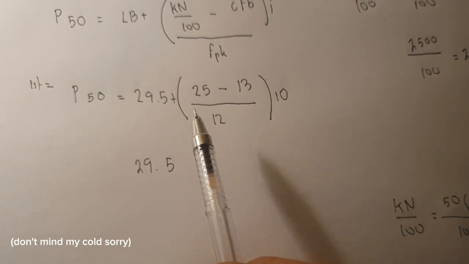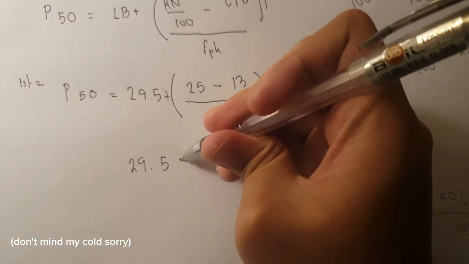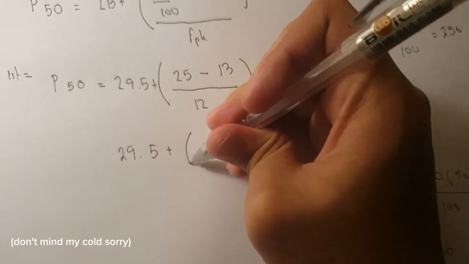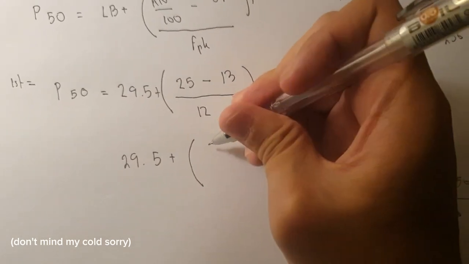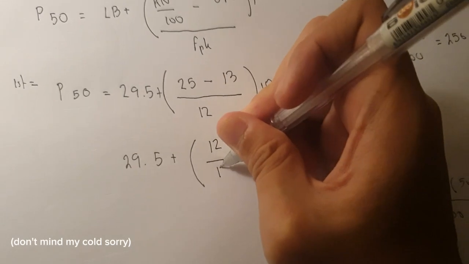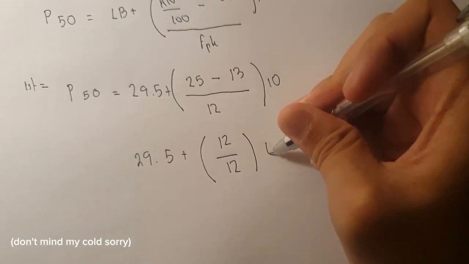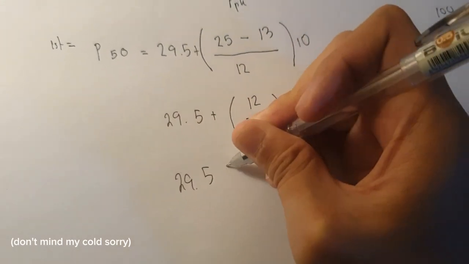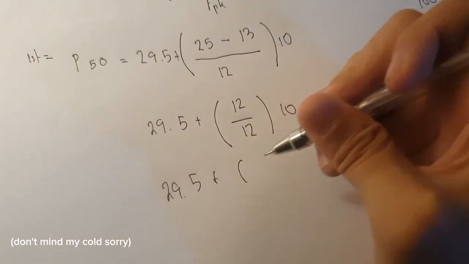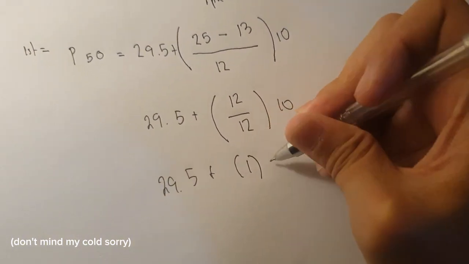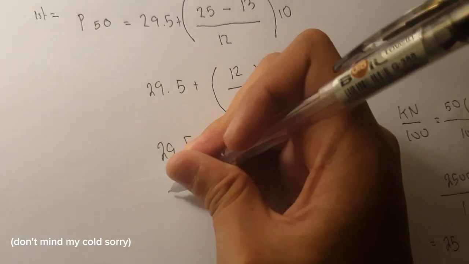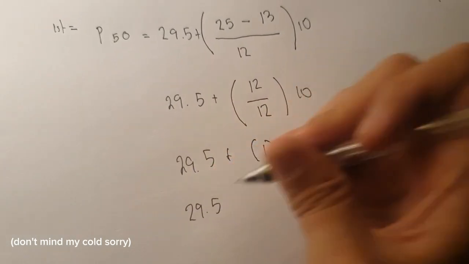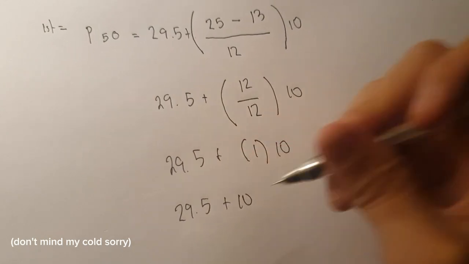Now we can start to subtract. 29.5 plus 25 minus 13, that is 12, divided by 12 times 10, so 29.5 plus 10.